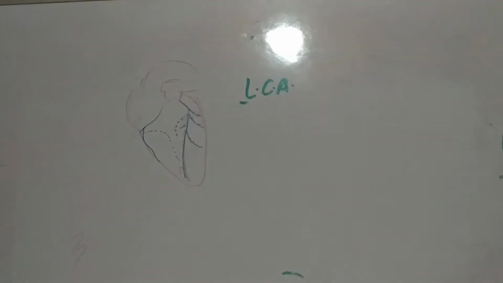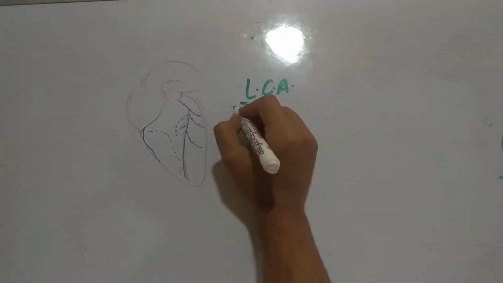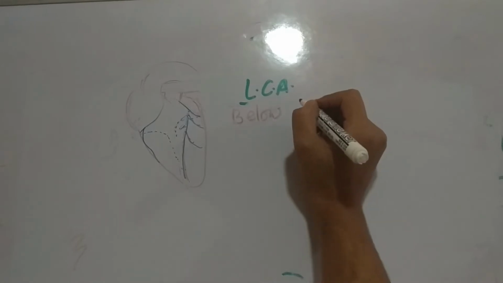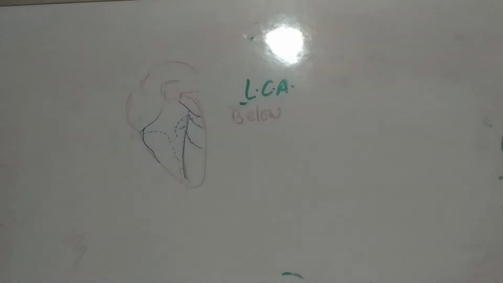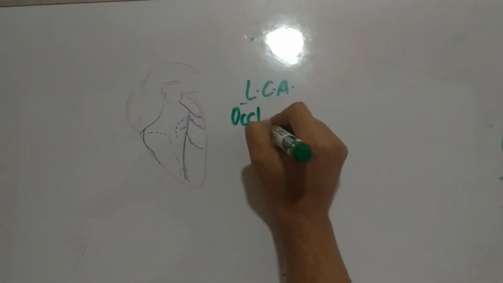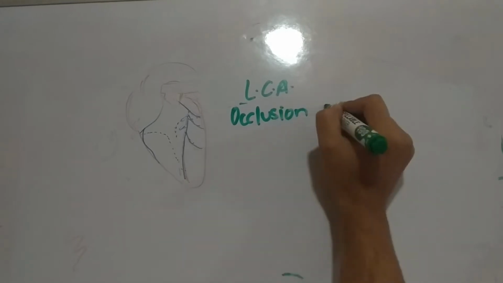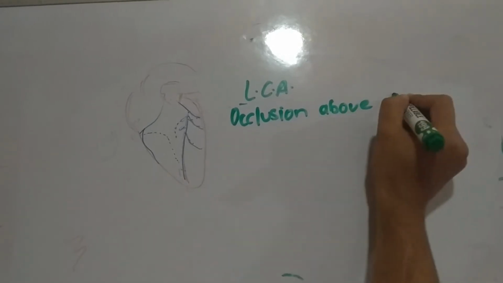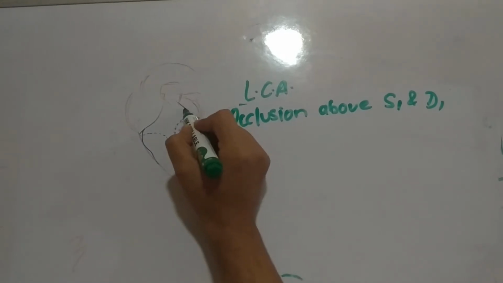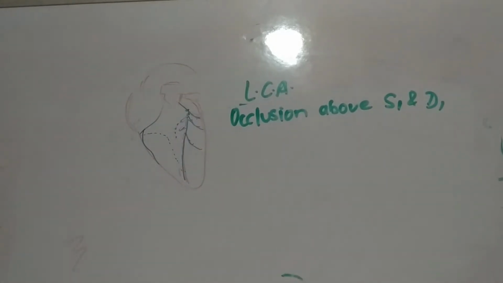So suppose there is an occlusion above S1 and D1. Suppose there is an occlusion somewhere here, or it could be here, isn't it?